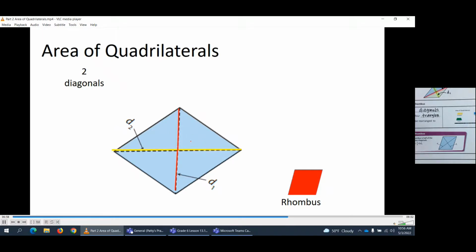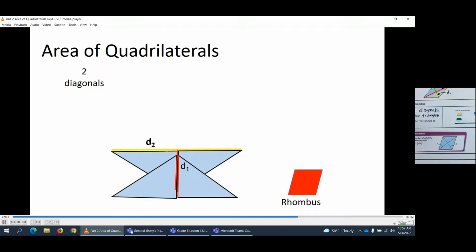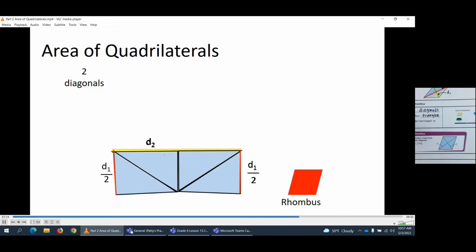We can agree that this blue area is what we're trying to find. We're trying to find how much space do all these blue triangles take up, right? So we're going to move these 2, oh, there's D2 and D1. We're going to move these 2 triangles down, and then we're going to flip them over, and look what we just made. I know it's a little crooked because I couldn't make my shapes any shaper or straighter in the PowerPoint, but basically we make a rectangle, right?